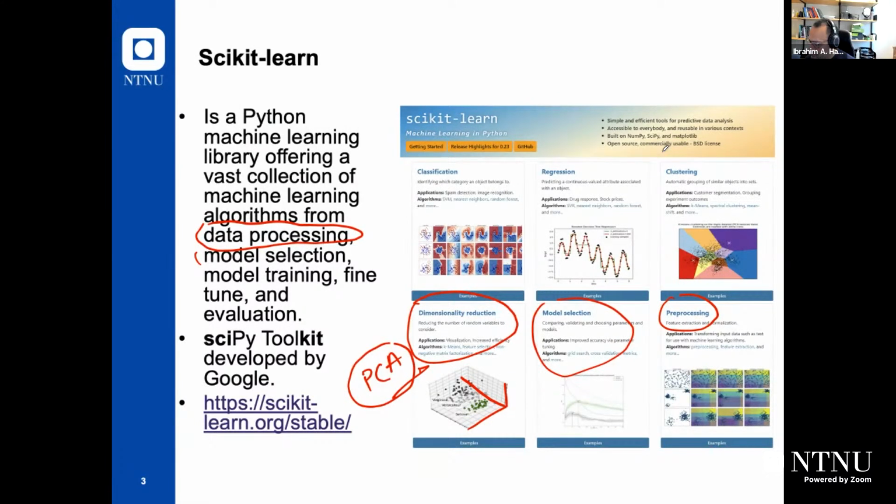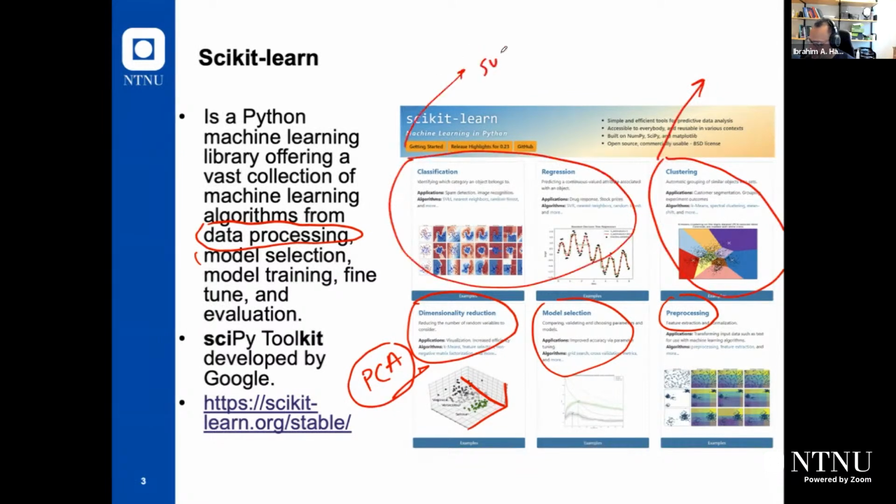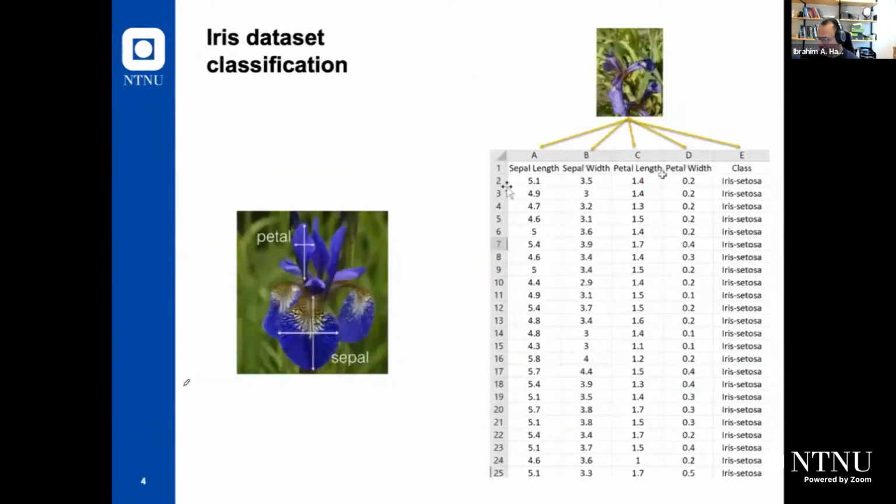And I want to tell you that classification and regression are supervised techniques. But clustering is unsupervised. So we have some supervised techniques and unsupervised techniques. If you want to get more details, you can Google it, and you can go to this link, for example, to understand more about this toolbox.